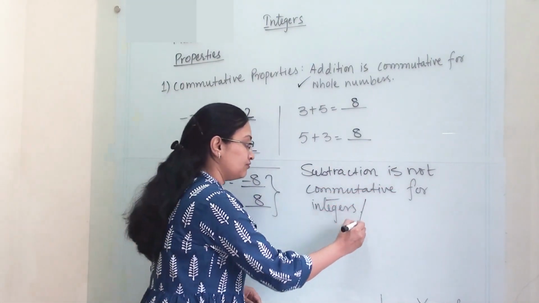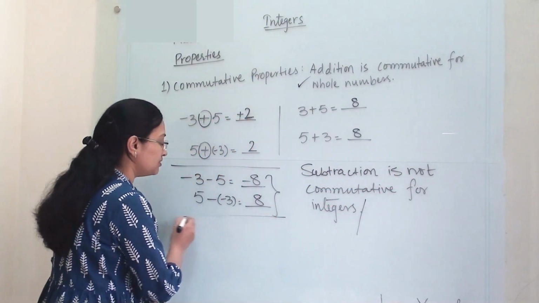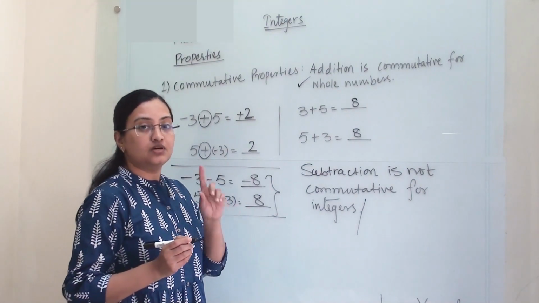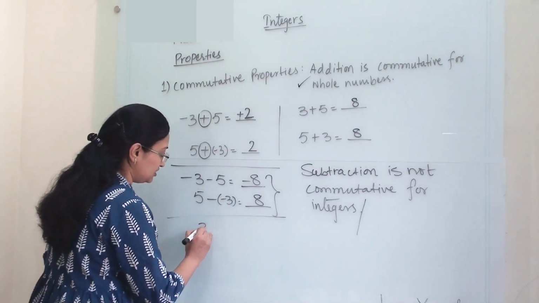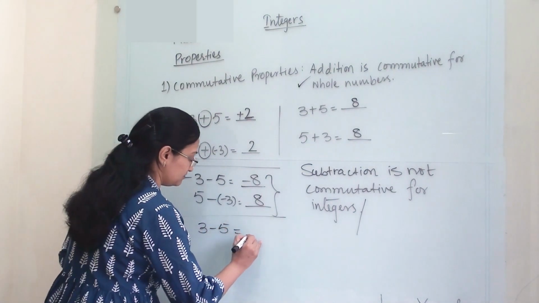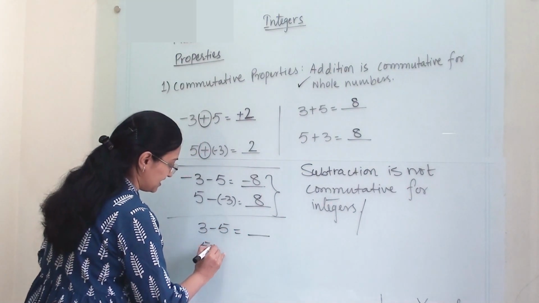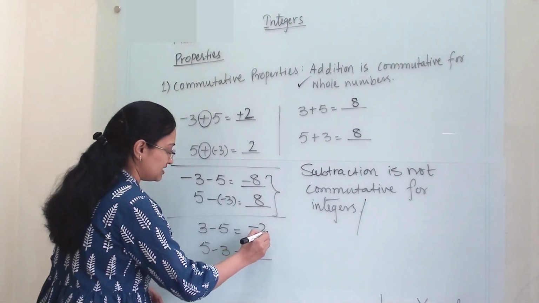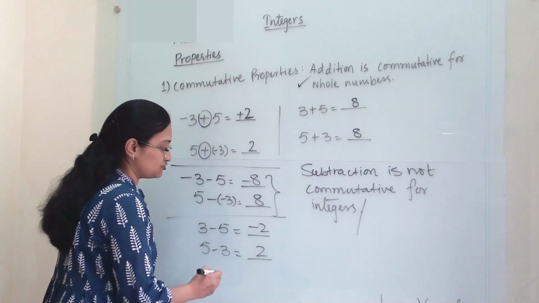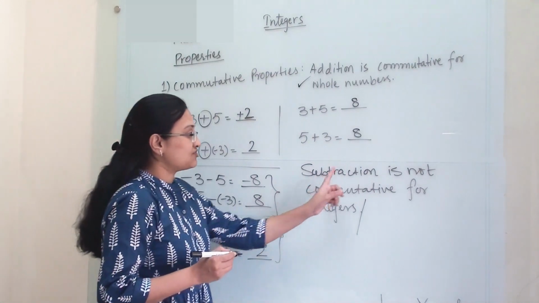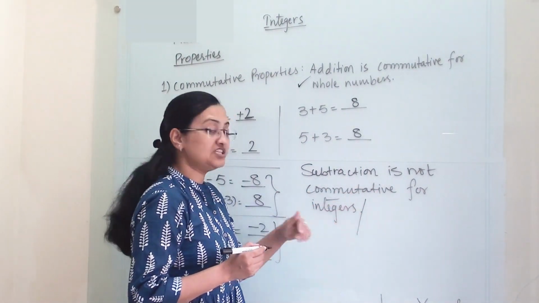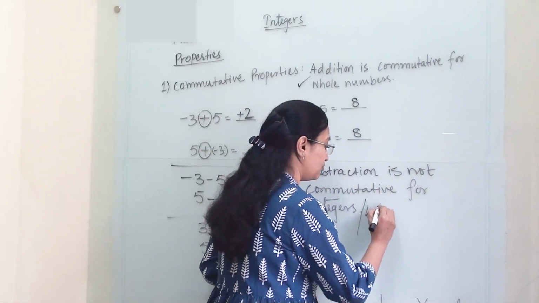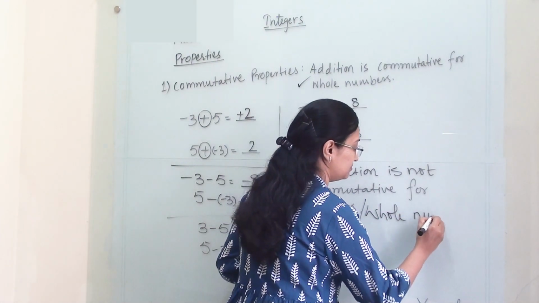Now let us check for whole numbers also. Whole numbers mean all the positive numbers and 0. So 3 minus 5 and 5 minus 3. Here we will get -2 and here we will get plus 2. So no, subtraction is not commutative for integers as well as for whole numbers.